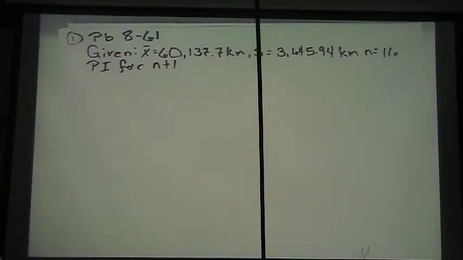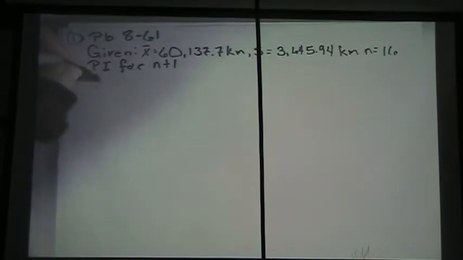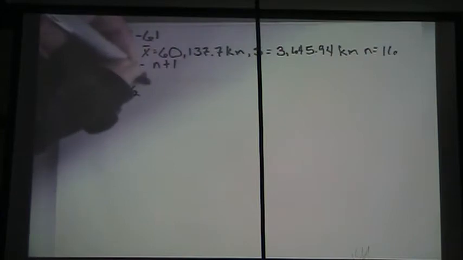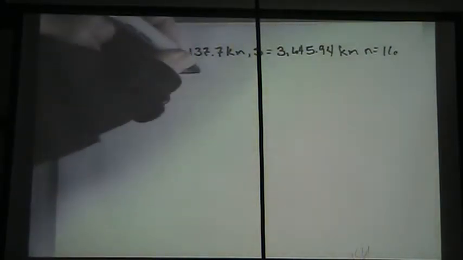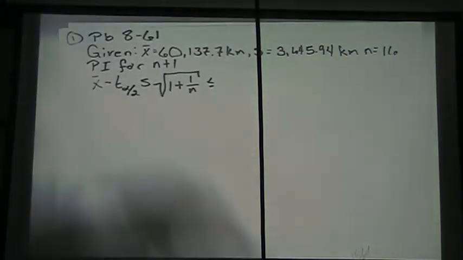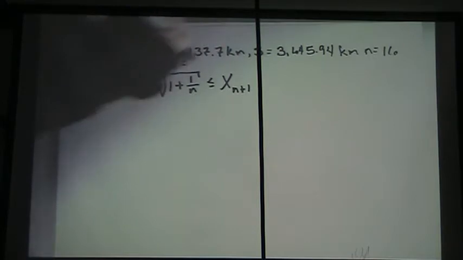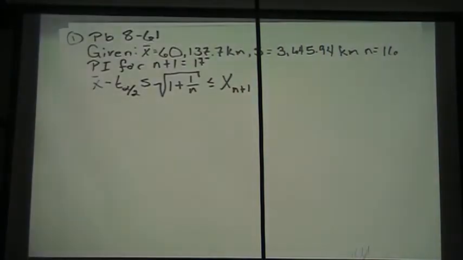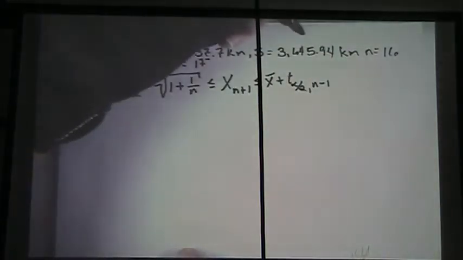All right, well, we look at our formula: x bar minus t alpha divided by 2 times sample standard deviation times the square root of quantity 1 plus 1 divided by n, less than or equal to x of n plus 1, which is going to be equal to x 17, less than or equal to x bar plus t alpha divided by 2 with n minus 1 degrees of freedom times sample standard deviation times the square root quantity of 1 plus 1 divided by n.